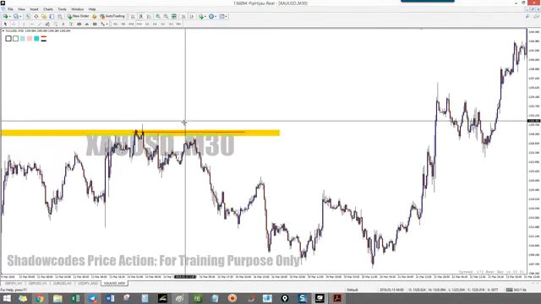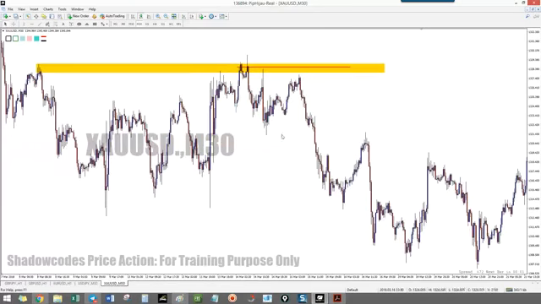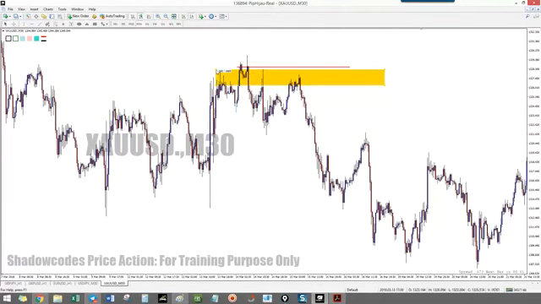Can you find it here? This one, this. This is ST also.